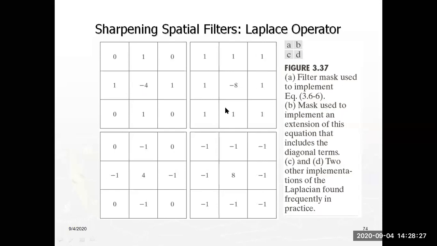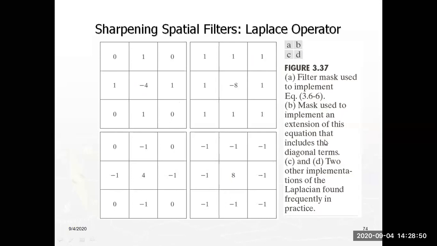This is called the extension of the first mask. C is another version: the 4 zeros remain the same but the 1 values are changed to minus 1. Similarly, D has minus 8 reversed to 8, with all remaining values minus 1.